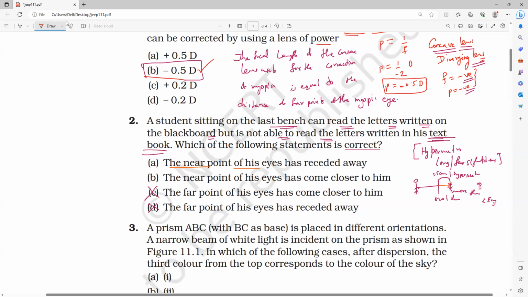The near point of his eye has receded away, not closer. It is receding away. Receded means located away. That is what you have to remember.